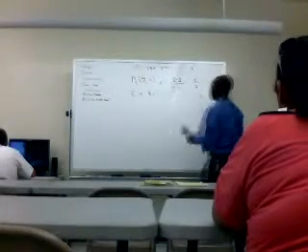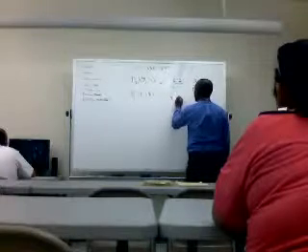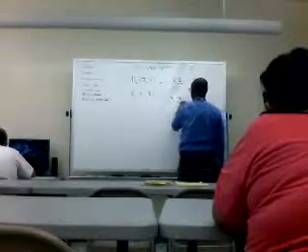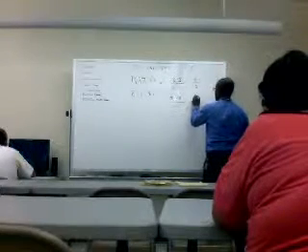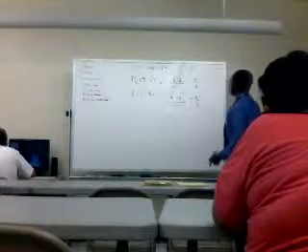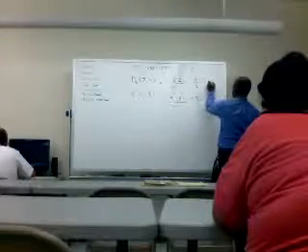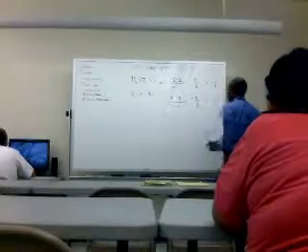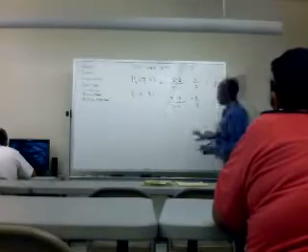Or we could do it the other way. We could have 3 minus 8 over 7 minus 4. That'll give us negative 5 over 3. And we get the same answer because this is equal to negative 5/3, and this is equal to negative 5/3. So here's the thing.